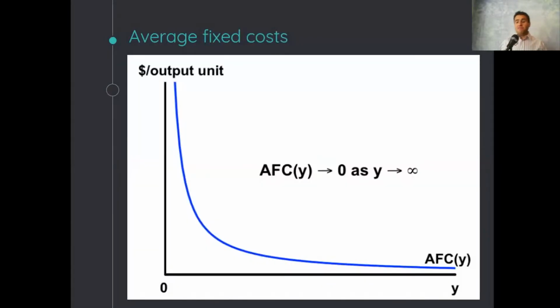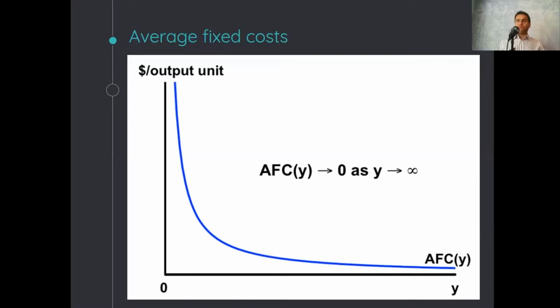So the average fixed cost, as you can see in the graph, is one that tends to 0. What I mean by that is that at the beginning, your factory or the rent you are paying for that particular store is important and has a high share of your total costs.